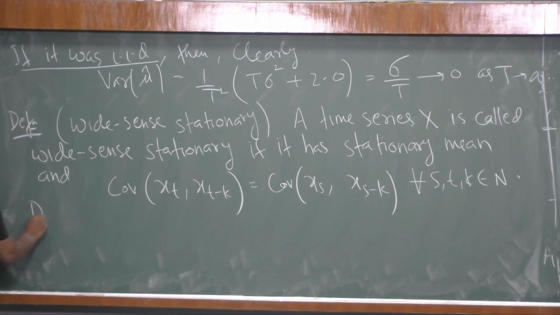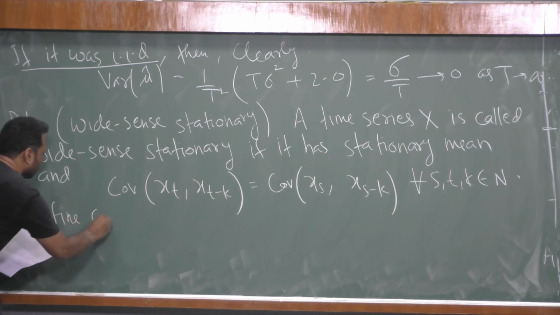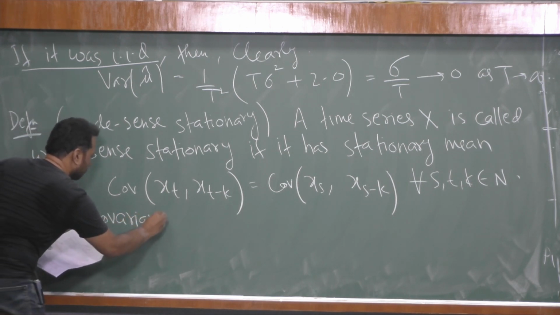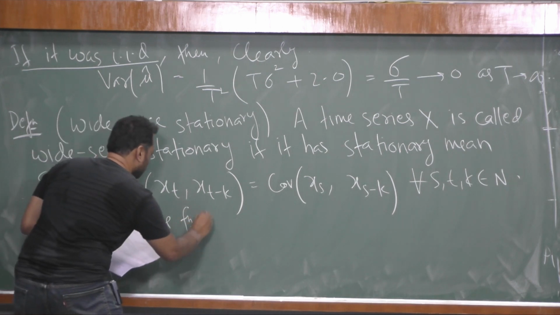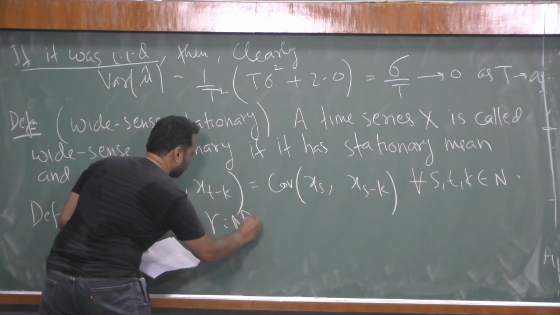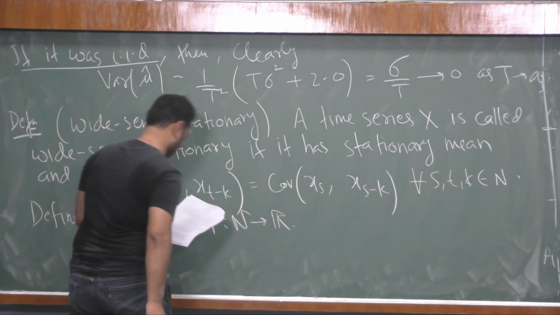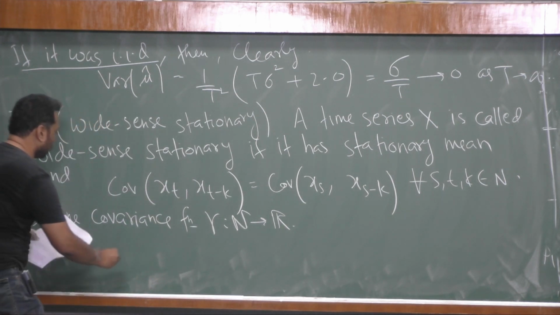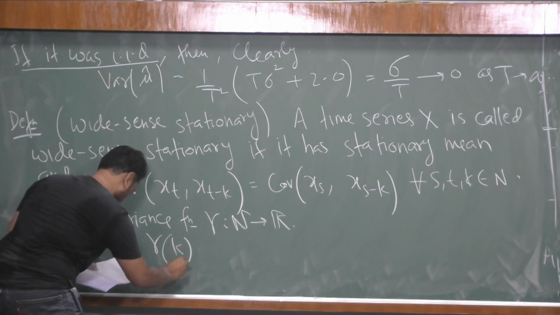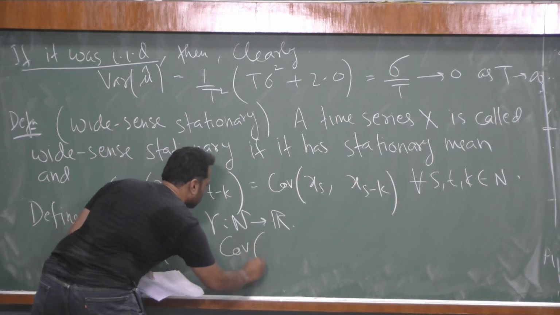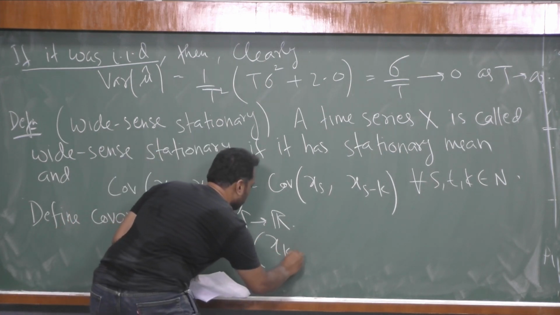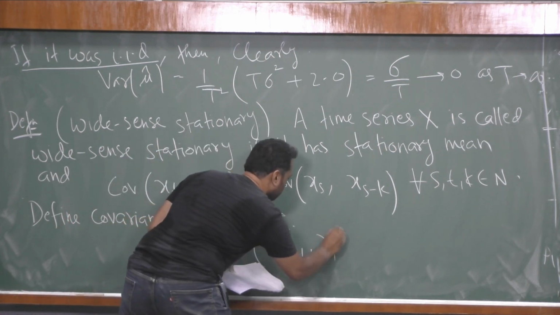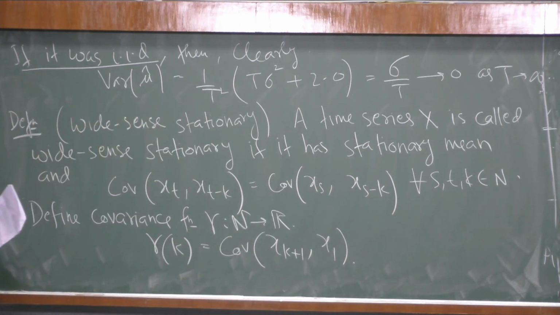So we define a covariance function gamma that goes from N to R, where N is the natural numbers here, and we define this covariance function as the covariance of x_{k+1} and x_1. Okay, so that's how we define a covariance function.